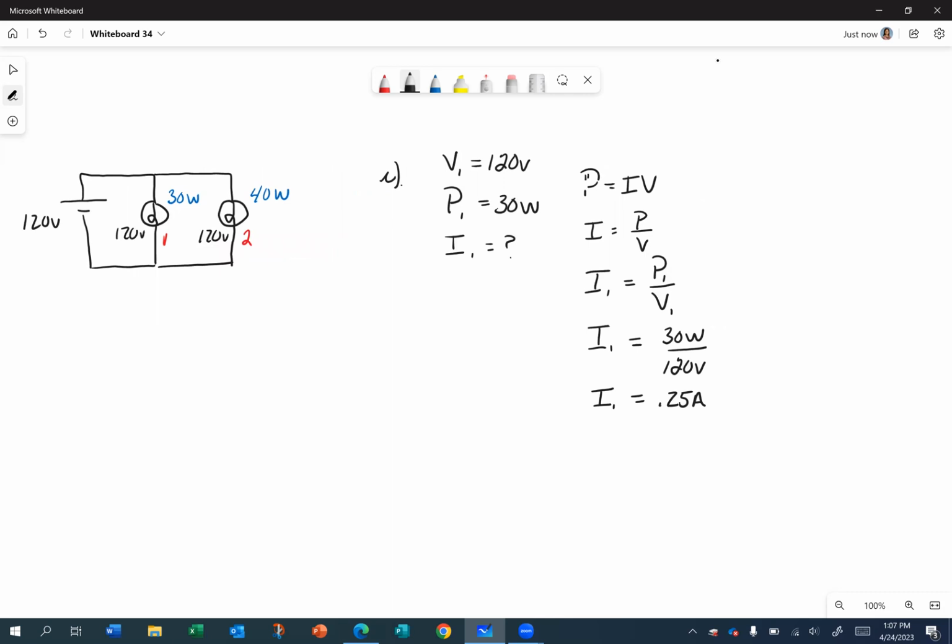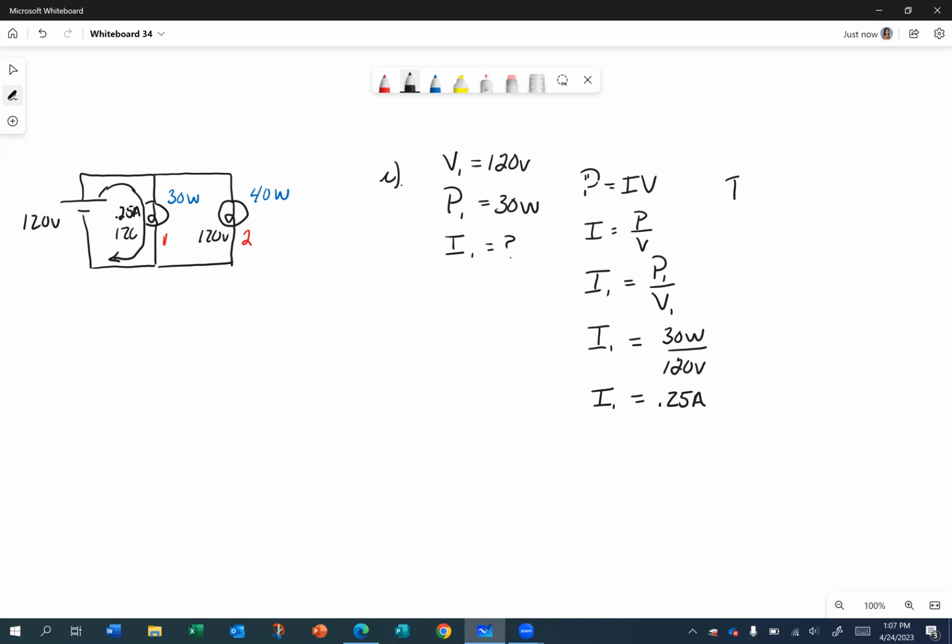Then we were asked to find the resistance of the bulb. So that tells me the current. That's the current that's going to come out and feed this line right here. Right? So that's going to be 0.5 amps. 0.25, sorry. 0.25 amps.